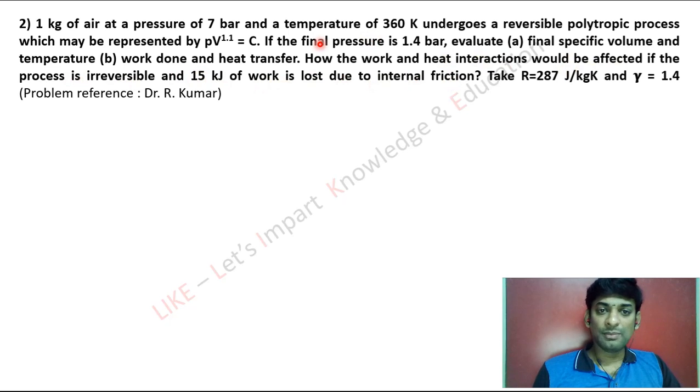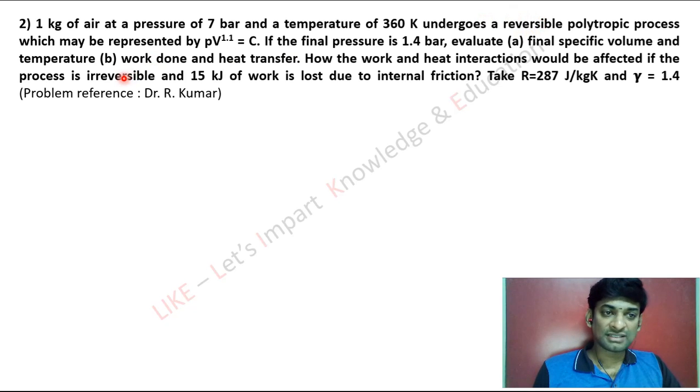Now the problem is divided into two types. In the first case, the problem is considered to be a reversible polytropic process. In the second case, the problem is considered to be irreversible. The difference between these two is, if the process is reversible, you have to neglect frictional losses.